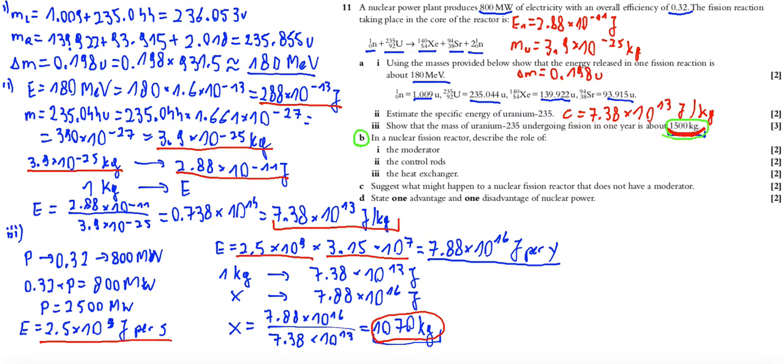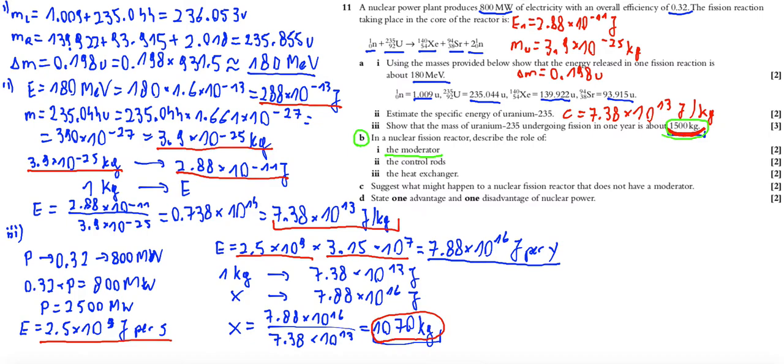Okay, so B. Describe the role in a nuclear fission reactor of the moderator. What is a moderator? The main function of the moderator is to slow down fast-moving neutrons to make further fission reactions possible.